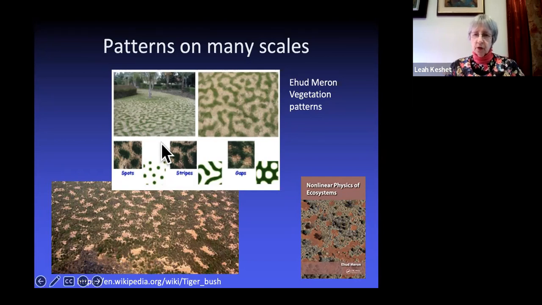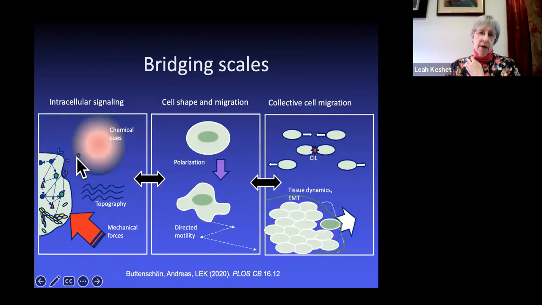So these occur ubiquitously at many scales. But I'm going to be focusing on the cellular level. In my talk, I will mostly spend time on single cells and what happens inside those cells that polarizes them and allows them to become directional. But at the end of my talk, I will bridge to some of the collective cell behavior.